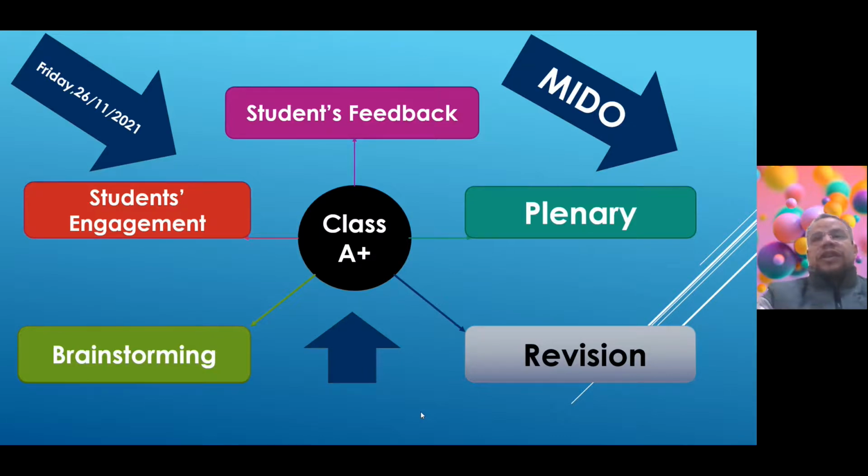Also one about the students' feedback: one strategy to use inside the classroom to get your students' feedback easily and with engagement. These are the 5 titles for the 5 strategies that can help you.